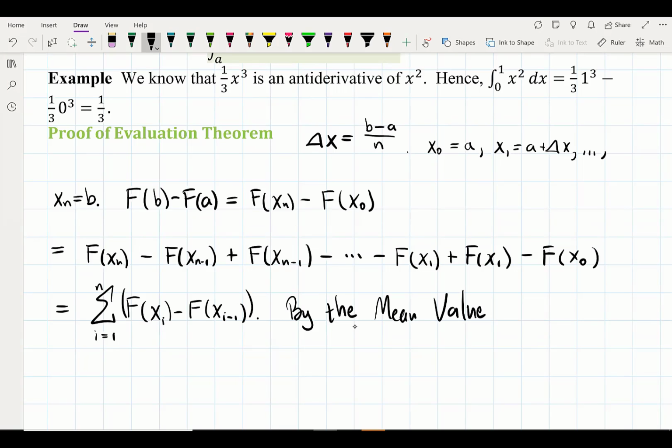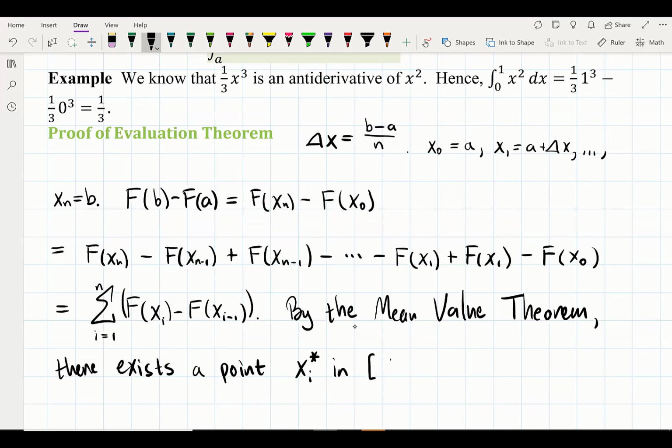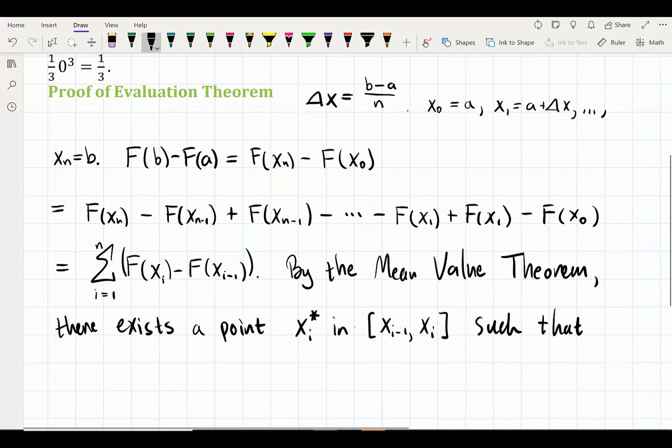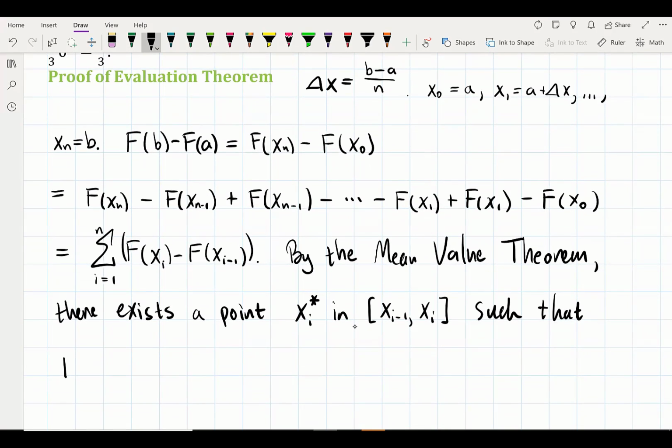So by the mean value theorem, there exists a point which I'll call x sub i star in the ith subinterval, such that the following holds.